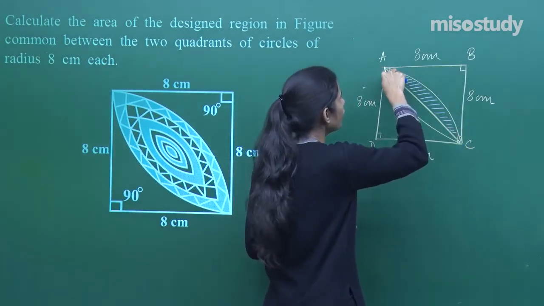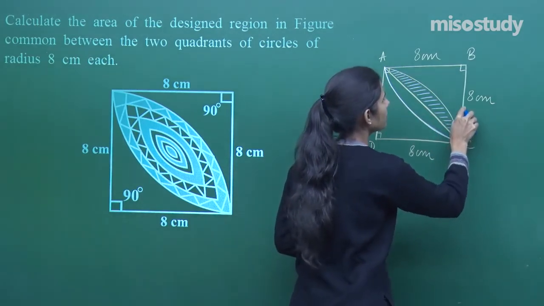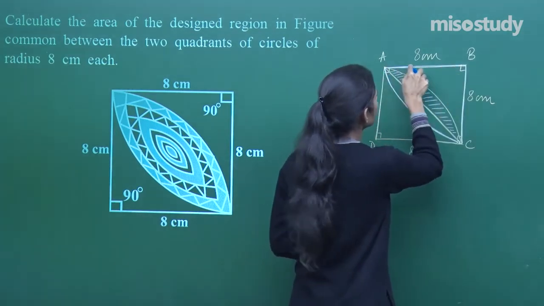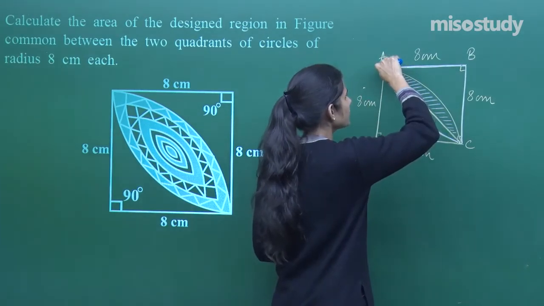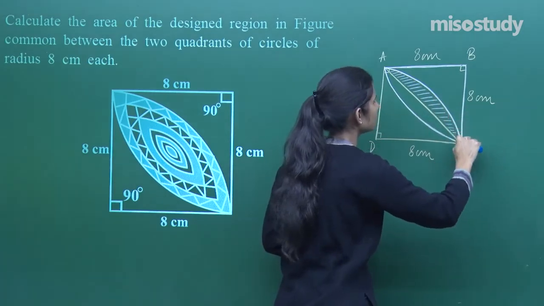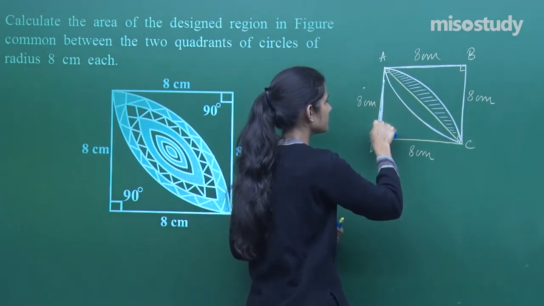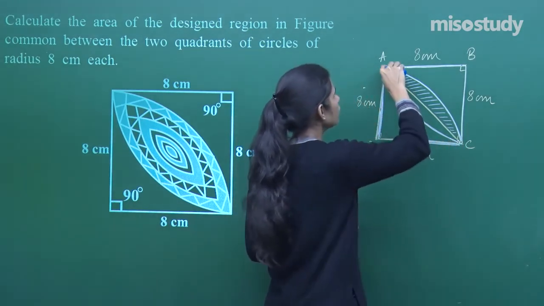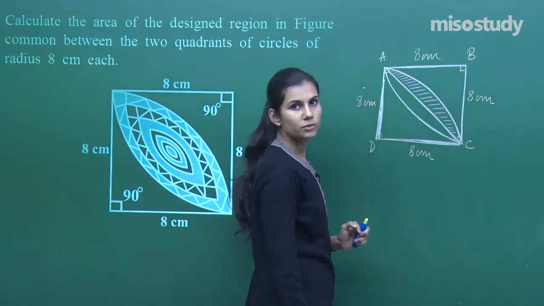If from the area of this complete sector, this sector I am talking about, sector you can consider it or a quadrant you can consider it. So from the area of this complete quadrant, I do what? Or let me take this sector. From the area of this quadrant or this sector, when I remove the area of this triangle, what do I get?